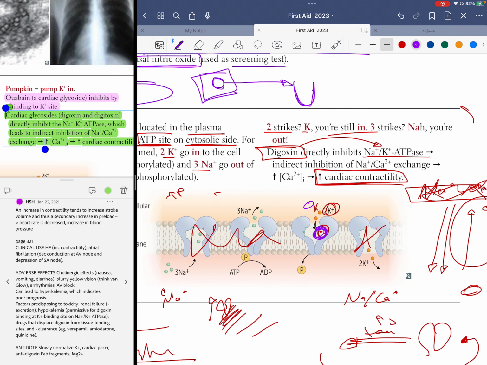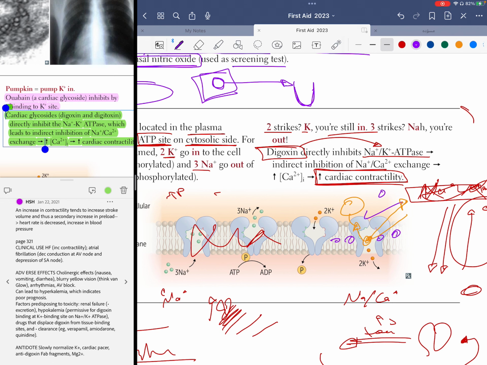In addition, another factor for toxicity is drugs that displace digoxin from tissue binding sites. Say we have digoxin resting in some places, at the nice dose that we need, and we're comfortable, but then comes a new drug that displaces the digoxin from its resting place.